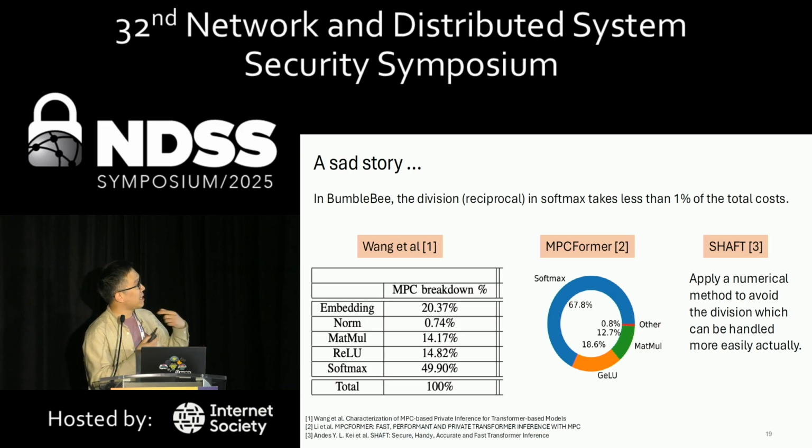But actually, in our work, softmax takes less than 1% of the total cost. It's never a bottleneck for transformer inference in the 2PC setting.